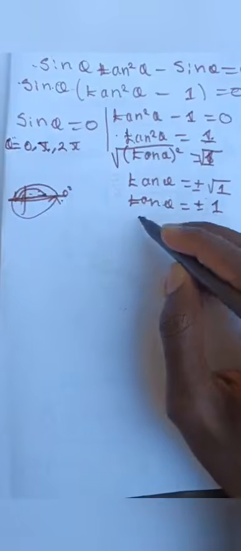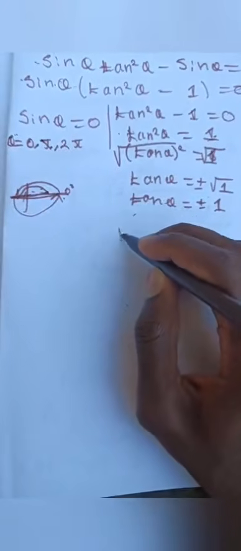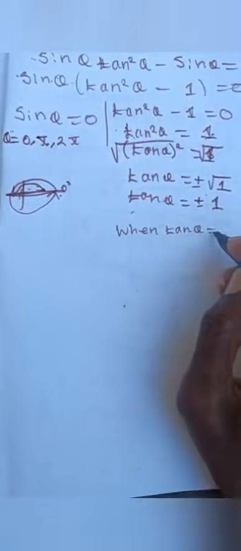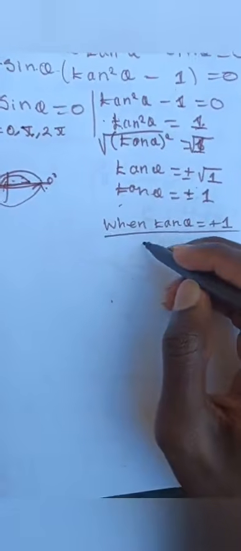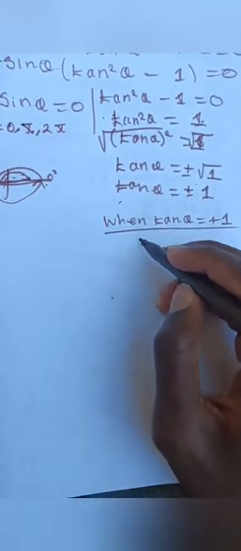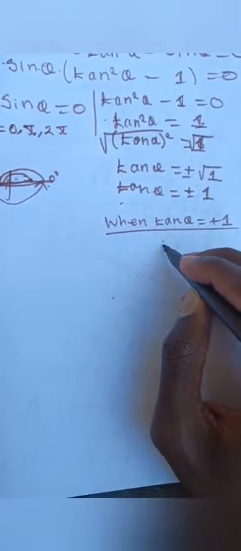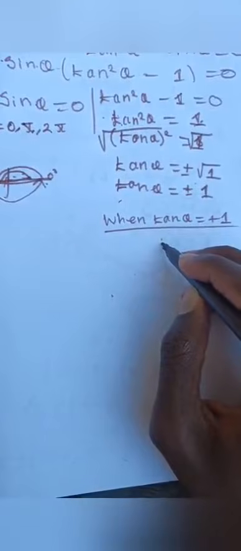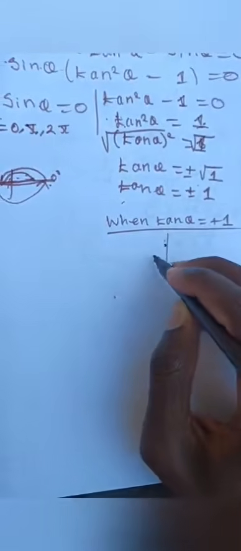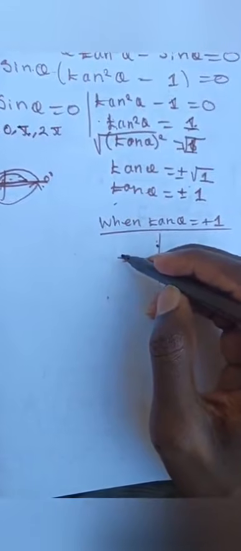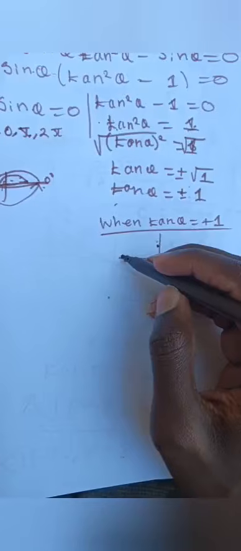All right, let's come here now. Here we'll start with a positive value, positive 1. You need to ask yourself, when does tan give us 1?